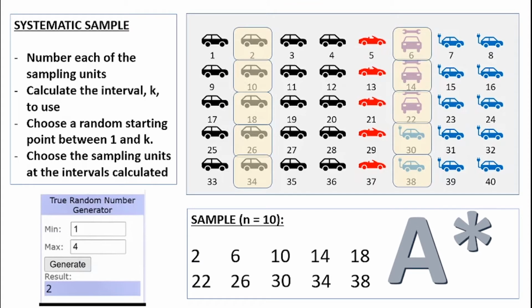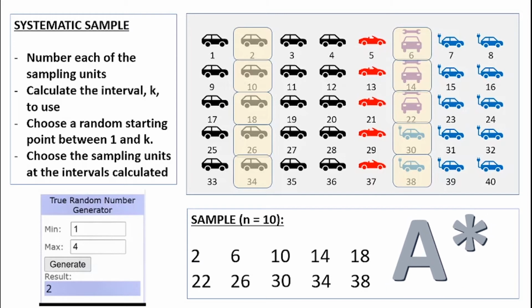The fact that they're not able to be part of the sample means it's no longer random. I should be able to get every single combination of members from that register, every single combination of sampling units to be part of the sample.